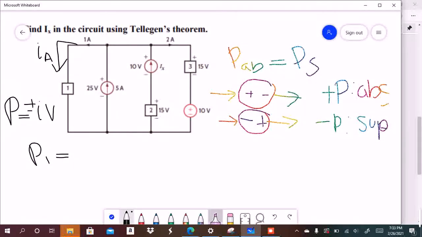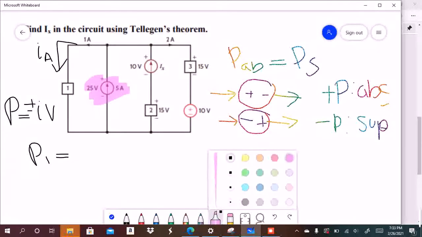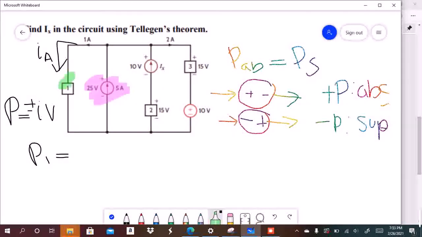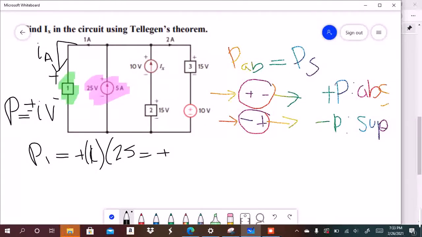And since it's in parallel with the 25 volt source, it's going to have the same polarity and the same voltage. So box 1 is equal to, it's entering the positive side, so positive. The current is 1, and the voltage is 25, and that's positive 25. And an amp times a volt is a watt.